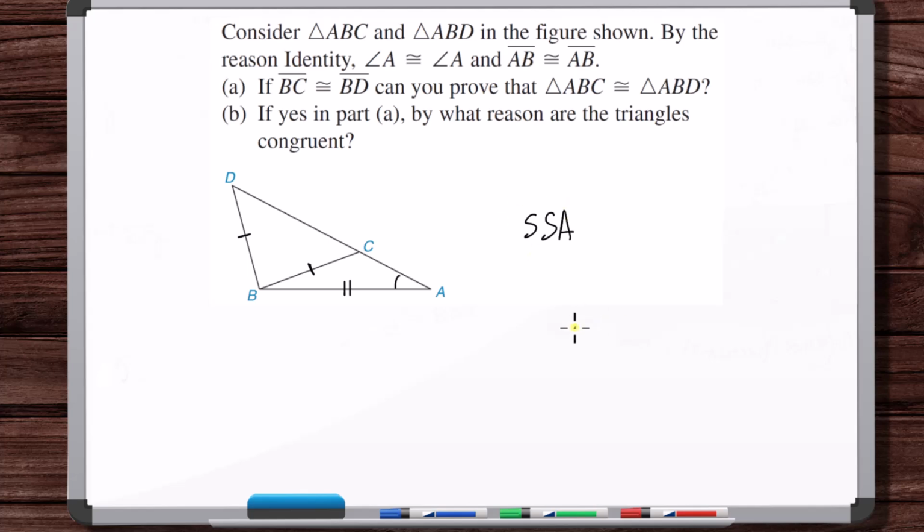We have to have the angle included between the two sides that we know. So no, we can't prove that with just this information. We can't prove that triangle ABC is congruent to triangle ABD. And just visually, we can see that that's not going to be the case anyway. Triangle ABD is not going to be the same triangle as triangle ABC.